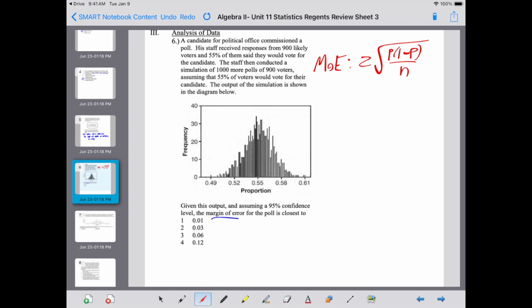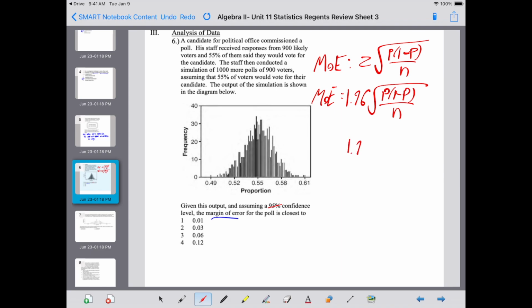Z is always 95% on the Regents, they never not ask 95%. So you know the z-score of 95% is exactly 1.96. If you want to memorize it as this formula, you can. You don't have to remember z. The only reason I teach it that way is because if you go into AP Stats, you do have to expect different confidence levels.